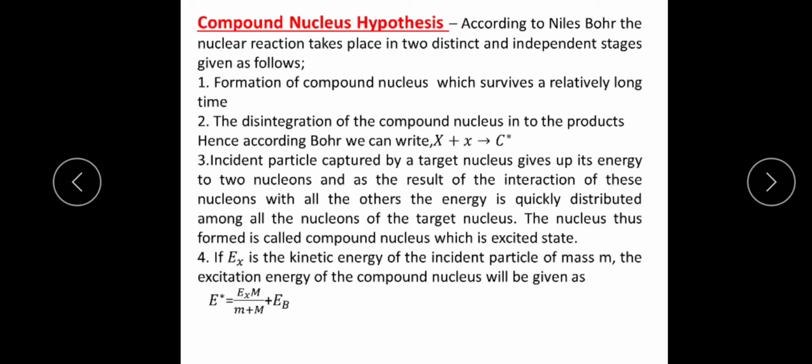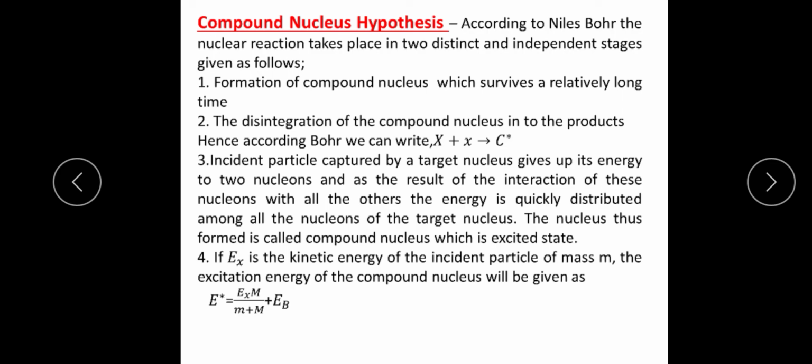First one is the formation of the compound nucleus, which survives a relatively long time, and second is the disintegration of that compound nucleus into products. Now what is the first stage? There is a formation of the compound nucleus, and the second one is the disintegration of that compound nucleus.